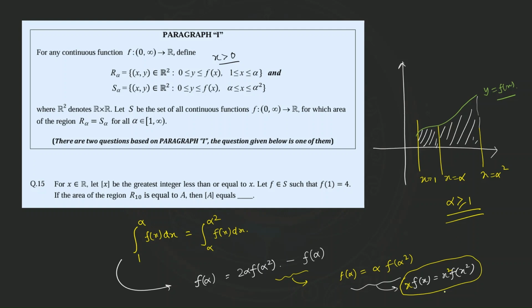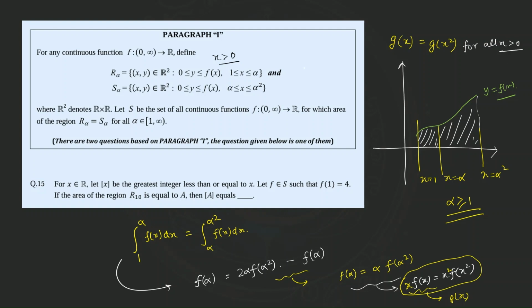For some time, let us call this LHS as some g(x). So this functional equation states that g(x) is equal to g of x square. This g(x) is x f(x), so g of x square will be x square f(x square). These both quantities are equal, which means this relation holds true for all positive x.